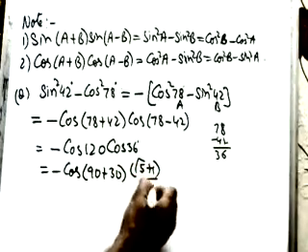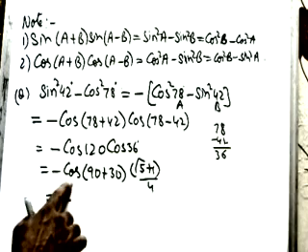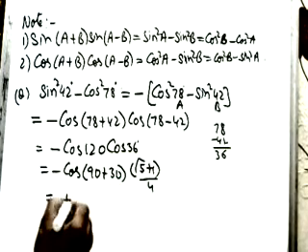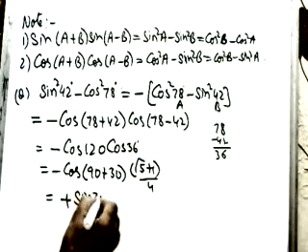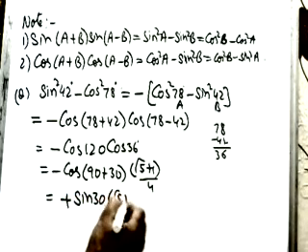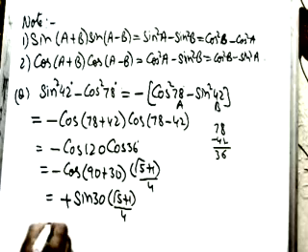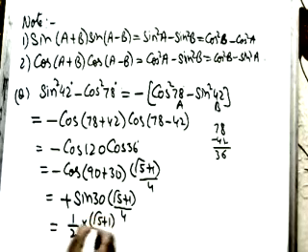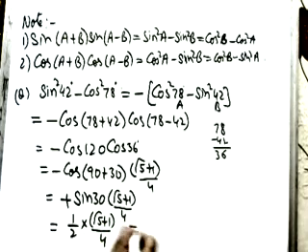Cos 36 value is (root 5 plus 1) by 4. Cos 90 plus theta is minus sine theta. Again minus means minus minus plus, so sine 30 into (root 5 plus 1) by 4. Now sine 30 is 1 by 2, into (root 5 plus 1) by 4. So this will become (root 5 plus 1) by 8.